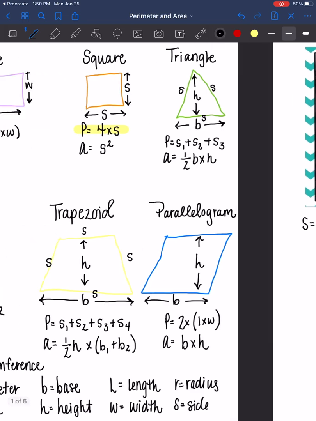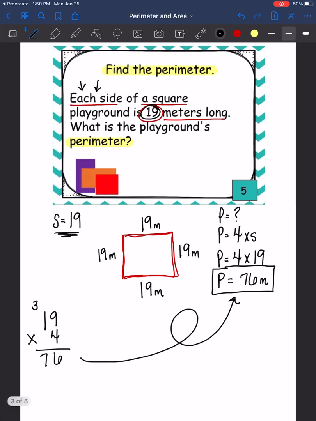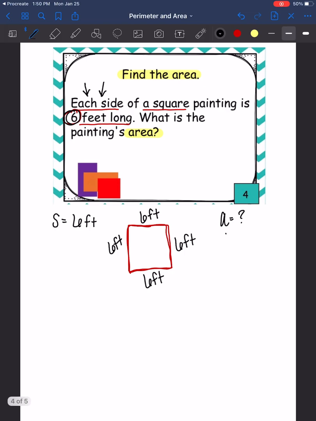I'm going to go back to my cheat sheet and find my area for a square, which is S squared. And I'm going to go ahead and write it right here because we like to practice writing them out. And I am going to plug it into my equation.